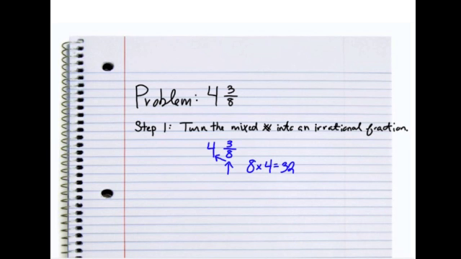Then I'm going to add the 3 pieces that are already existing in my fraction to bring me to 35 total pieces out of a whole that is made up of 8 pieces. So now I have an improper fraction of 35/8.